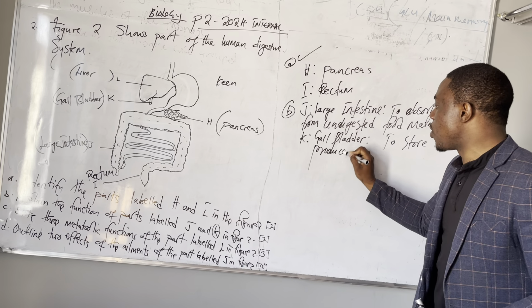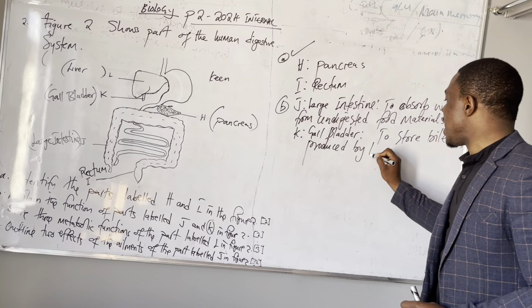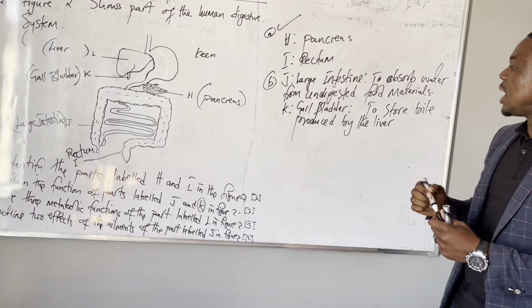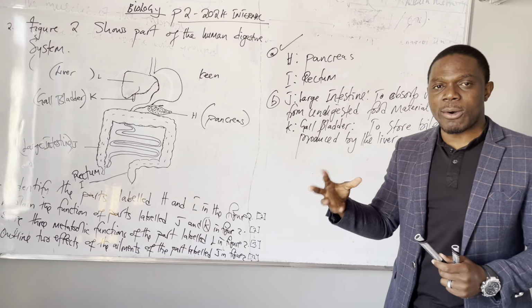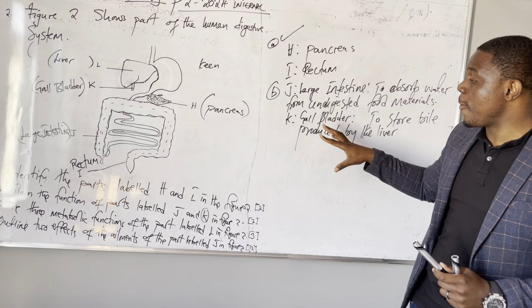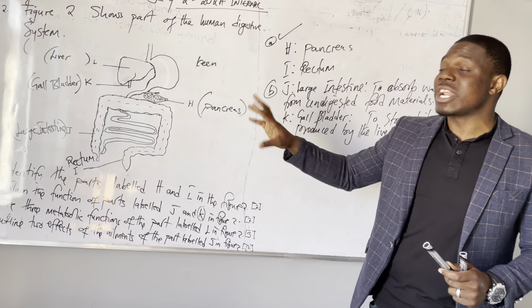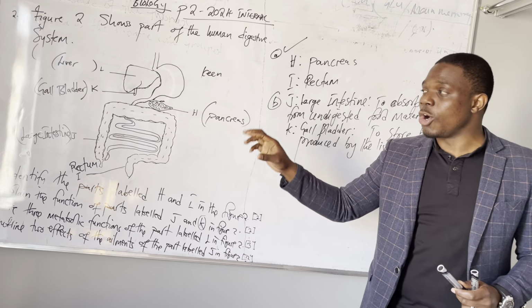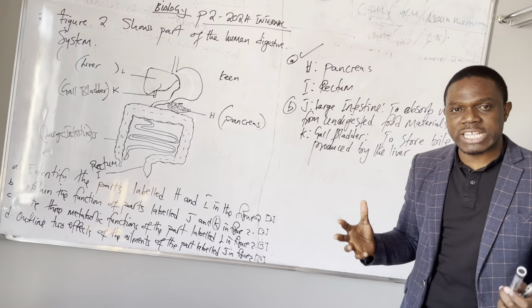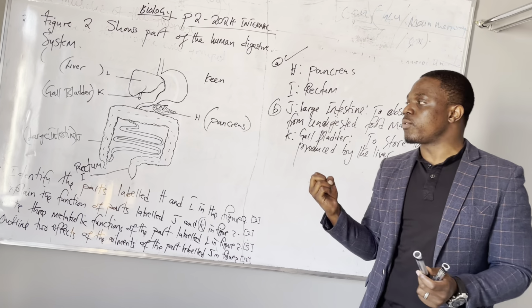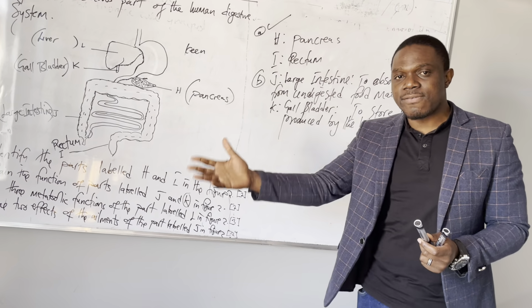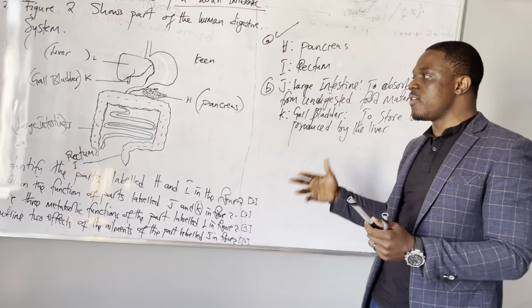We have to take note that this bile does not stay forever in the gallbladder. It keeps it for a temporary period of time and pushes it into the small intestine to emulsify the fats and help with the digestion of fats.